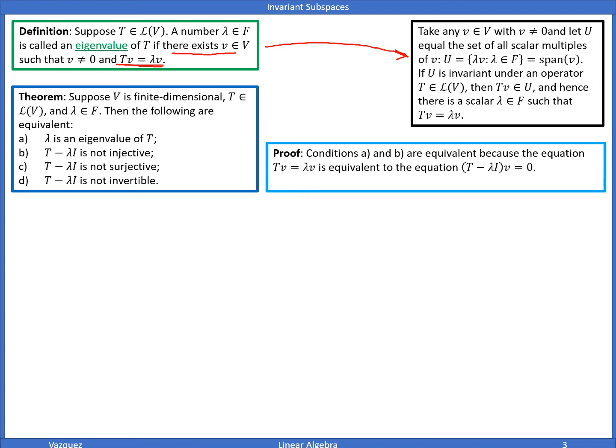I believe in chapter 3 we got a theorem where if we have injectivity, we get surjectivity as well, and therefore invertibility, right?